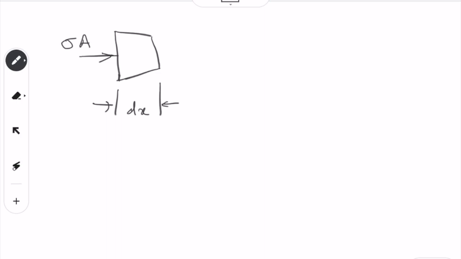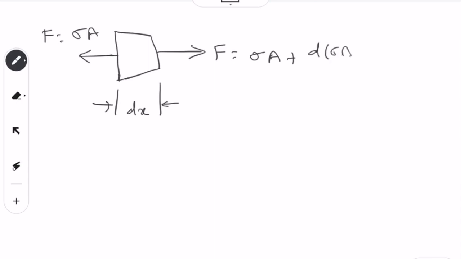I think we should not assume this to be compressive, so we are assuming it to be tensile. So we have F equal to sigma times A here, and here we will have F equal to sigma A plus d sigma A divided by dx, multiplied by dx. That is what we will have.